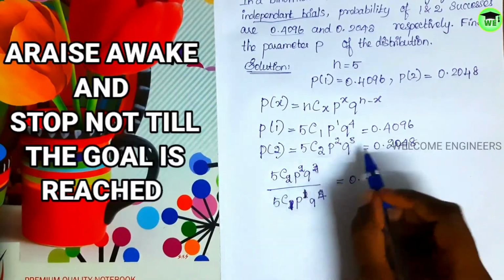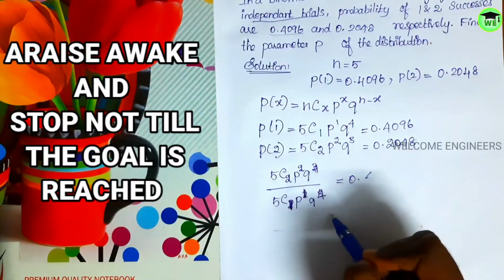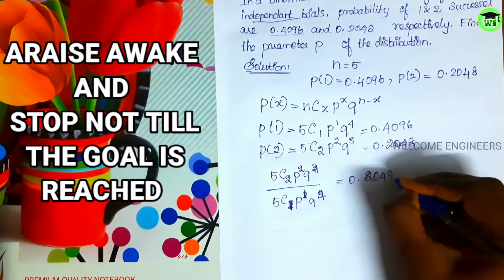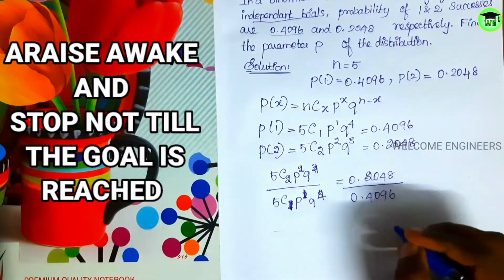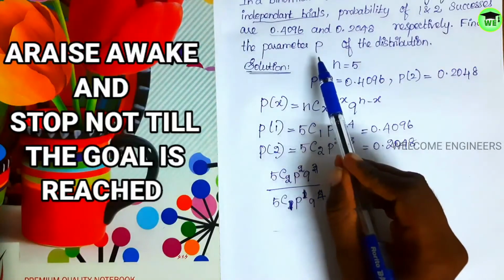Write it like that: P of 2 divided by P of 1 is equal to 0.2048 divided by 0.4096. Here we have to find the parameter p.